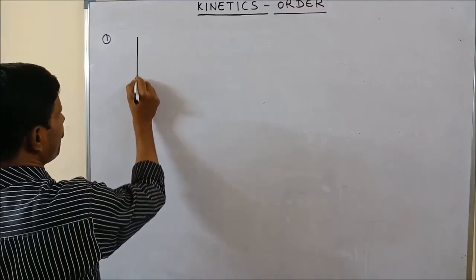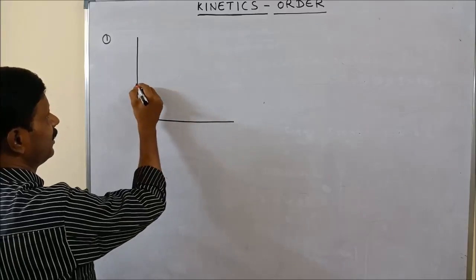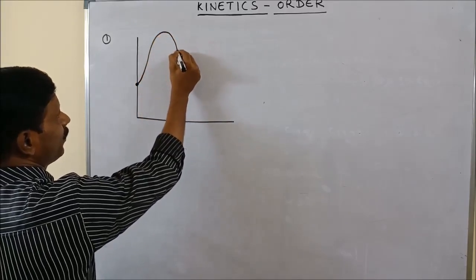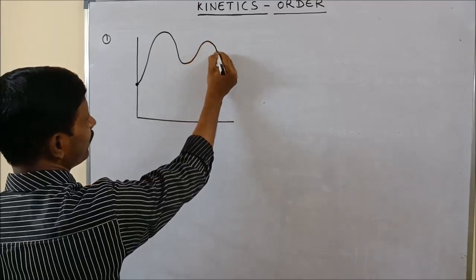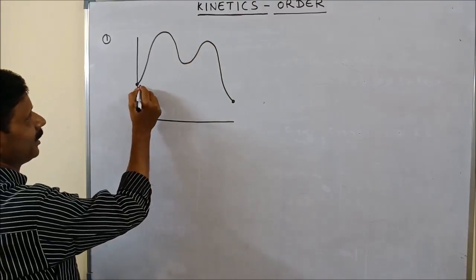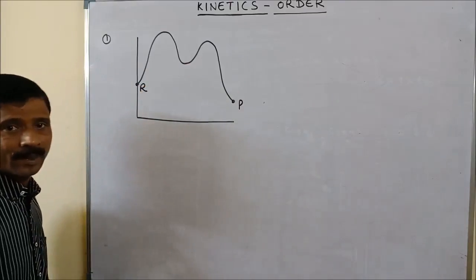See, for example, this is the progress of the reaction, and here we have the reactant A, and the progress of the reaction will be like this. This is the reactant and this is the product.